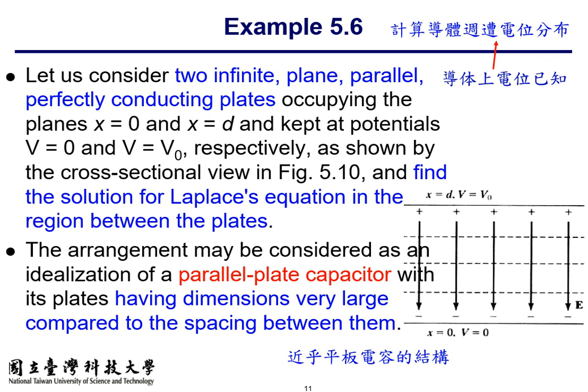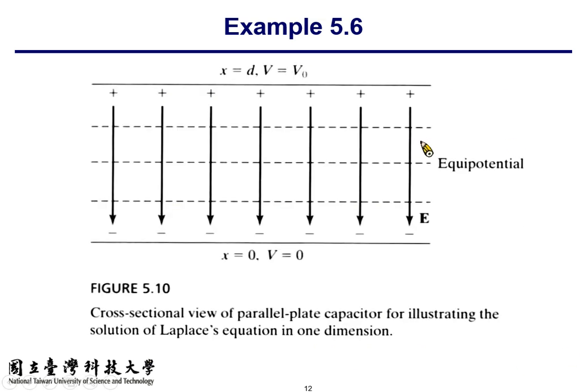Here we have electrical field intensity pointing downward, so we have positive electrical charge on the top plate. And here we have electrical field intensity pointing into the lower plate, so we have negative electrical charge on the bottom surface. The boundary condition should be satisfied with this result, which we have not derived yet.